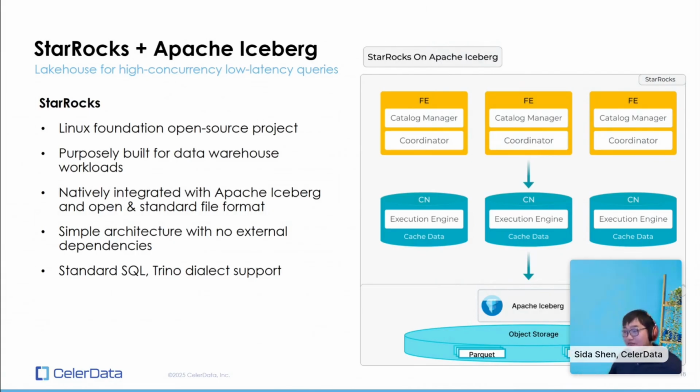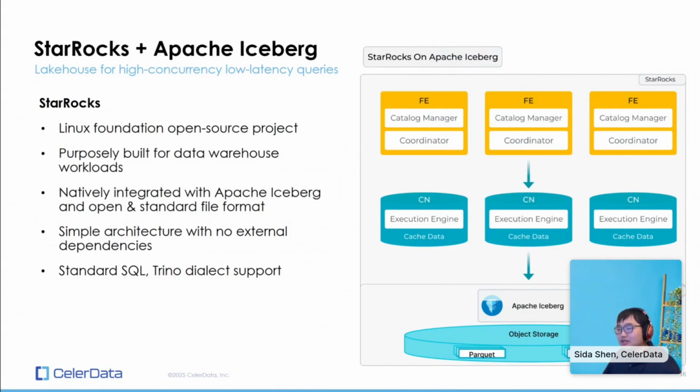It has a very simplified architecture with really no external dependencies: just FE for metadata management, to connect to your catalog service, read your metadata and do query planning, and the CN nodes to do data IO and also perform query execution. These are the two kinds of processes that are there.